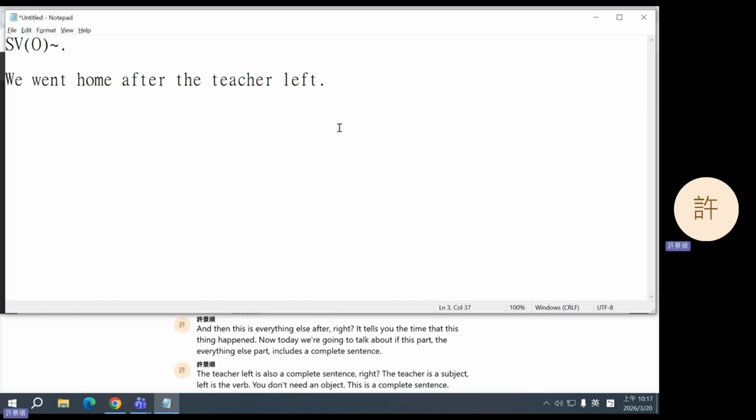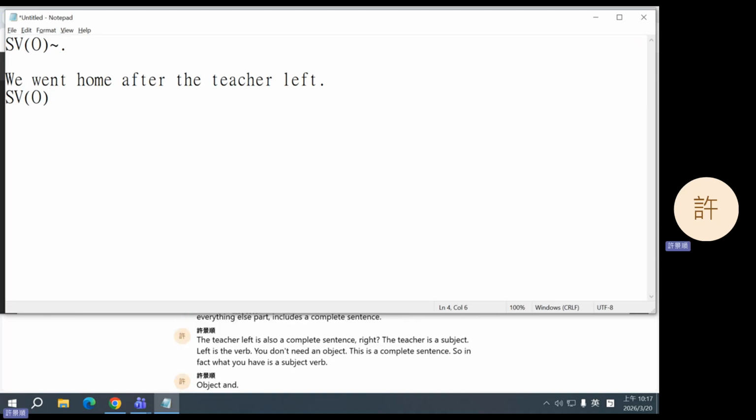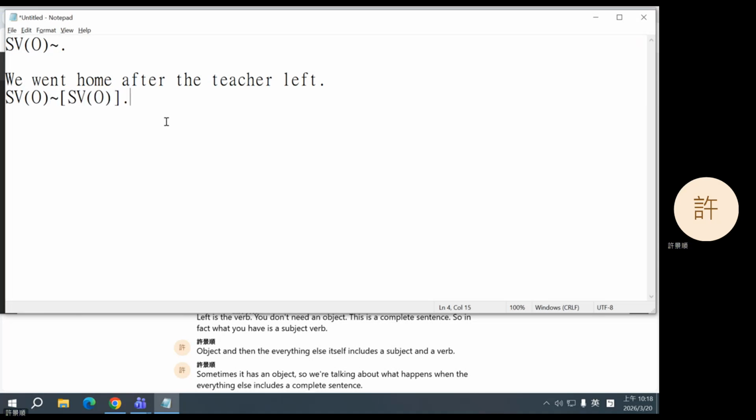So in fact, what you have is subject, verb, object, and then the everything else itself includes a subject and a verb. Sometimes it has an object. So we're talking about what happens when the everything else includes a complete sentence.